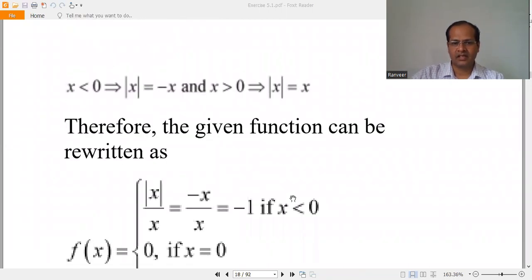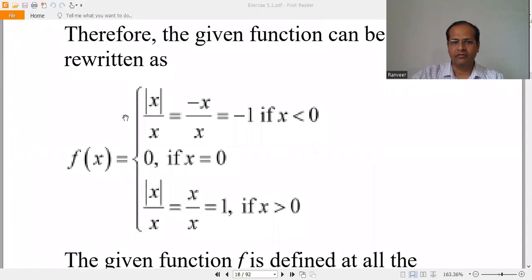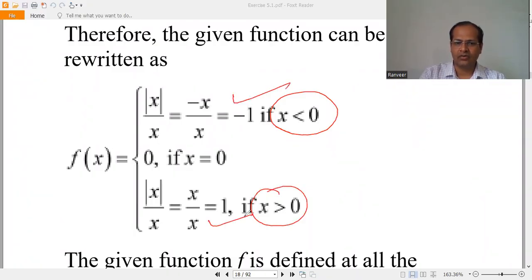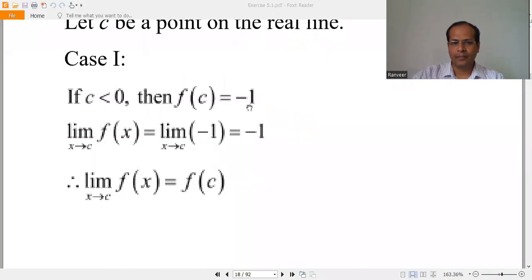So this is written in this way. First of all, we have to define the given function. When x is not equal to 0, then x is less than 0 and x is greater than 0. These are the two different values, and at x equal to 0, the given function value is 0. So based on that, case 1, c is less than 0. It is not actually required to take it this way.